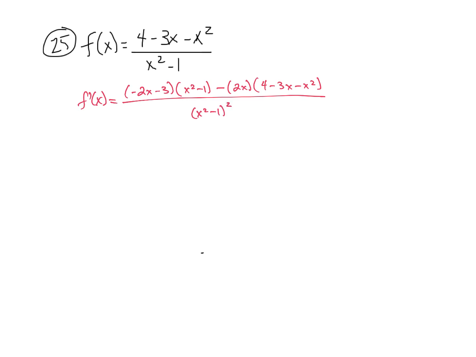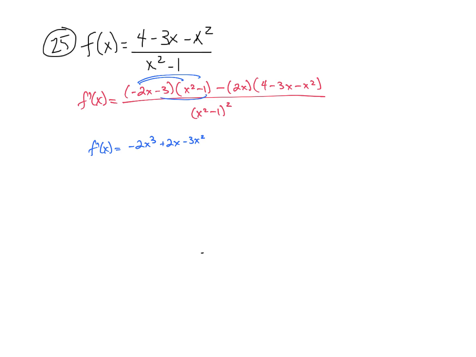Up top, we need to FOIL and distribute. So let's FOIL. What's my first? I get negative 2x cubed. And then my outer, and then my inner, minus 3x squared.